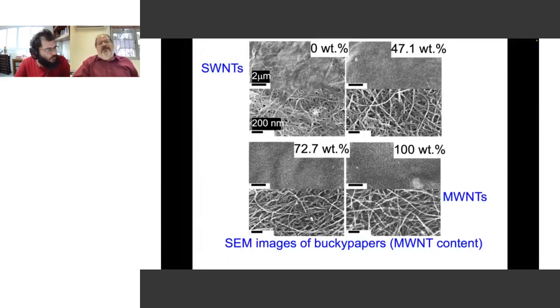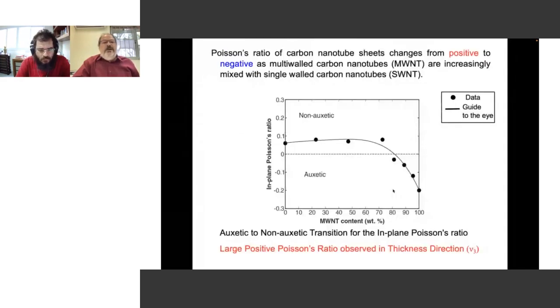But nobody tried this simple experiment: what happens with the mechanical properties of these buckypapers if you mix them together? So they did this, and they observed a quite interesting phenomenon. Depending on the relative content of single wall and multi-wall, you can have a transition from non-auxetic materials to auxetic materials. Okay.